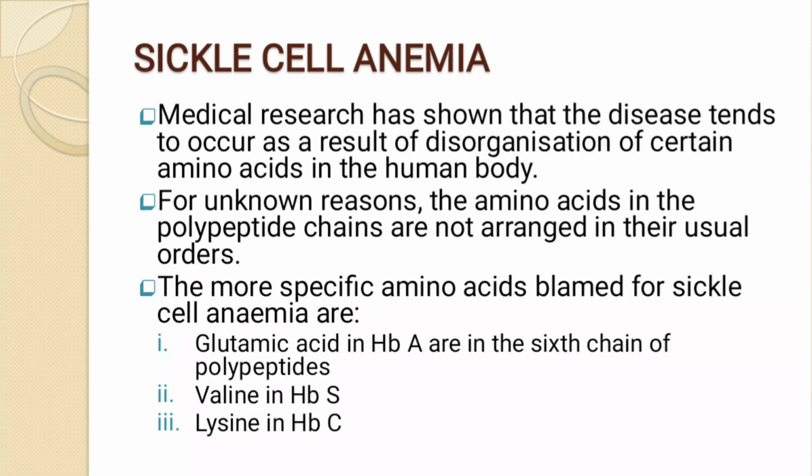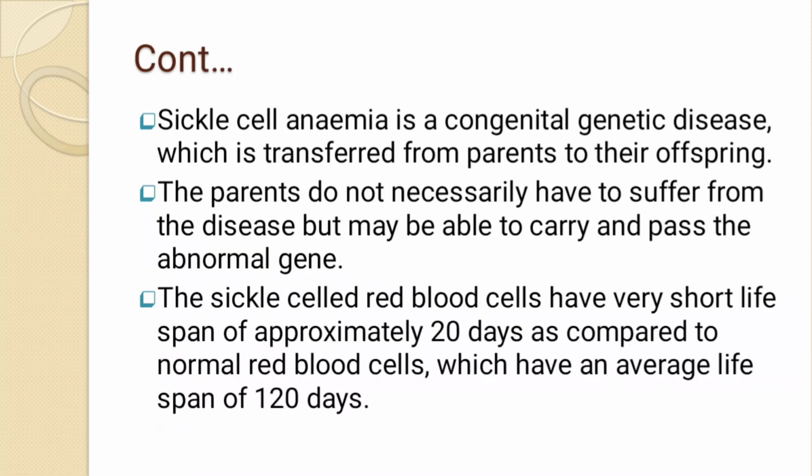The more specific amino acids are listed below, which are blamed for this condition. 1. Glutamic acid in hemoglobin A in the 6th chain of polypeptides. Valine in hemoglobin S. Lysine in hemoglobin C.